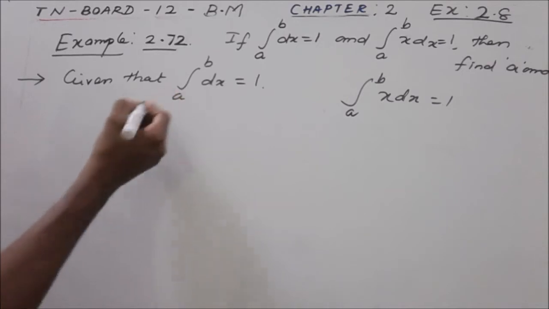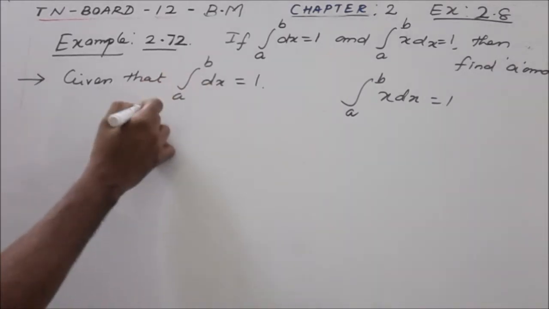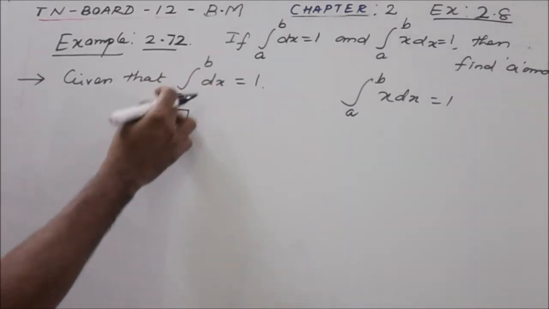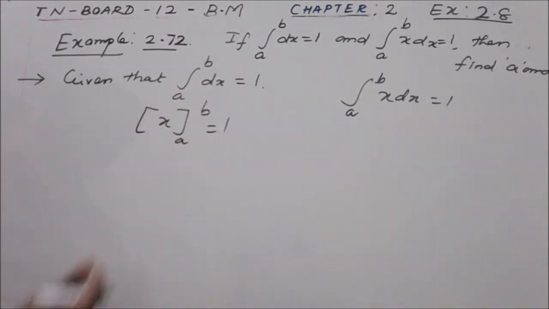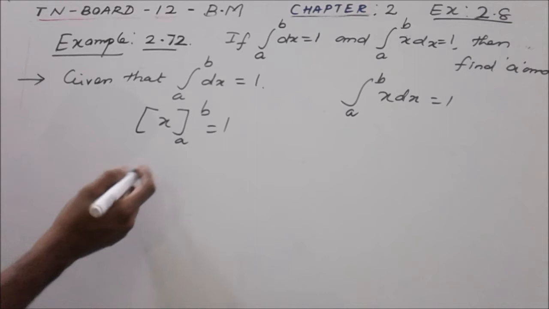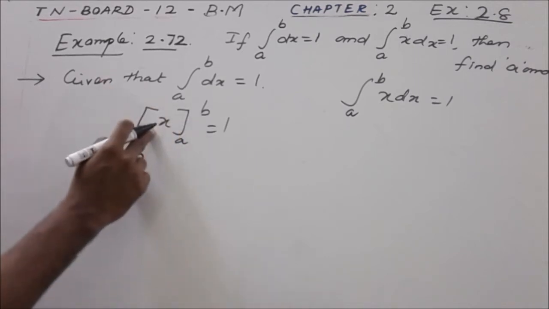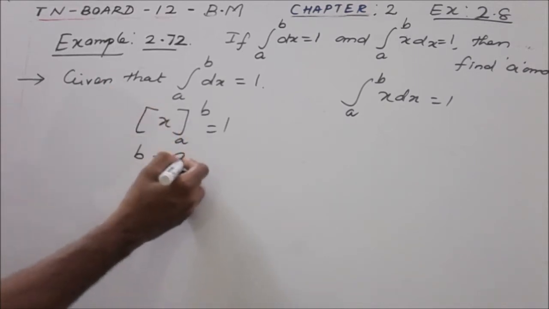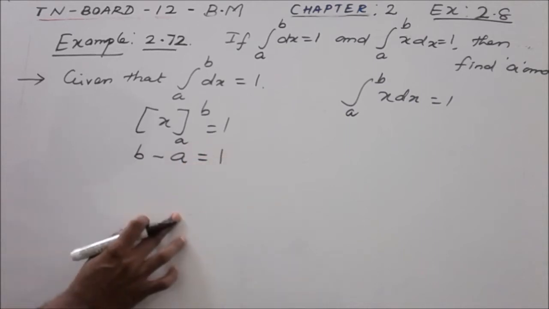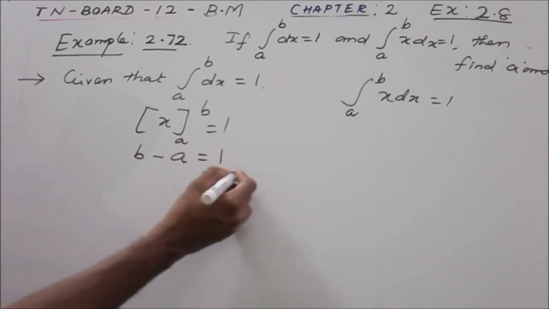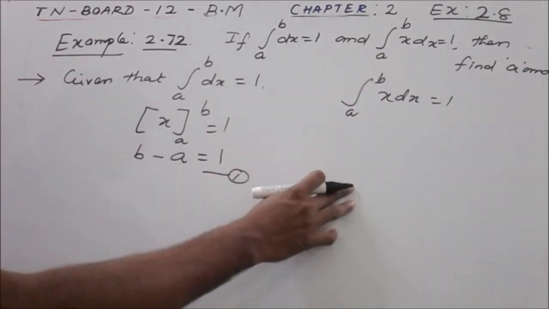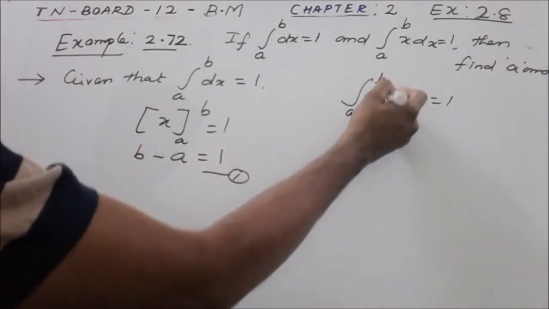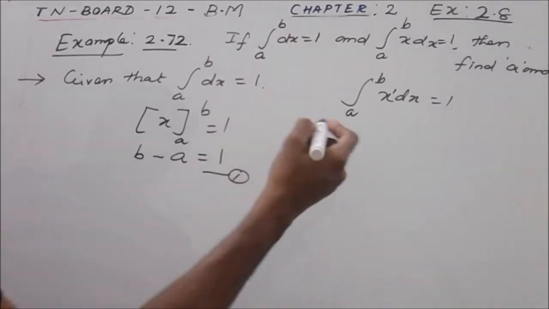Integrating this, integral dx is equal to x, limit a to b equal to 1. Substituting upper and lower limit, b minus the lower limit a equal to 1, let it be equation 1. Then move here, integrate this. Integral x dx, using the x power n formula, is x square by 2.